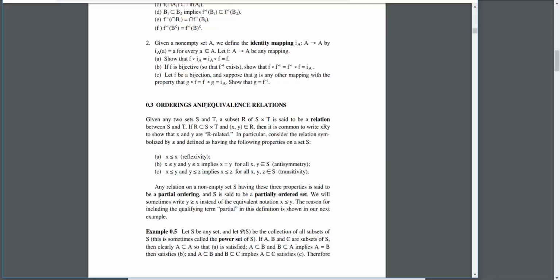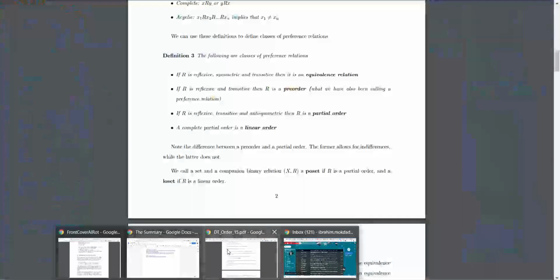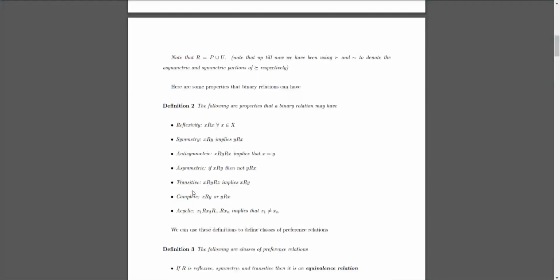However, if you're talking about ordering, one of the properties is handled differently. You still have reflexivity and transitivity, but you lack the symmetric property.